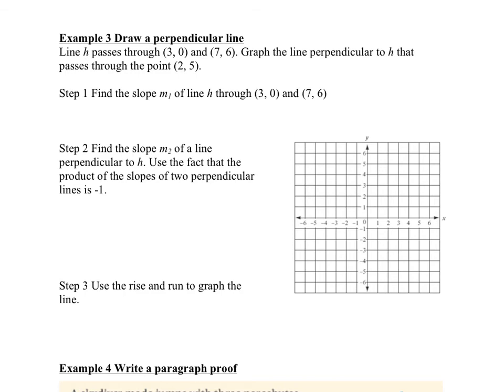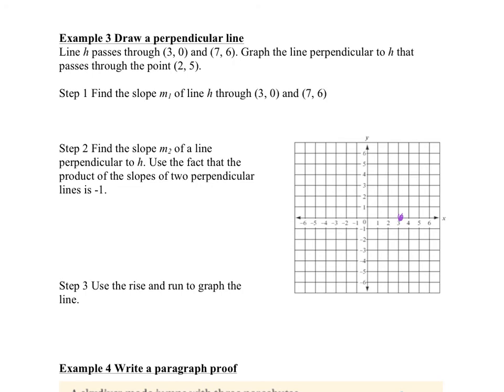We're going to draw a perpendicular line, so there is a step-by-step process here to help you out. First thing is that we have line H passes through 3, 0. And 7, 6.